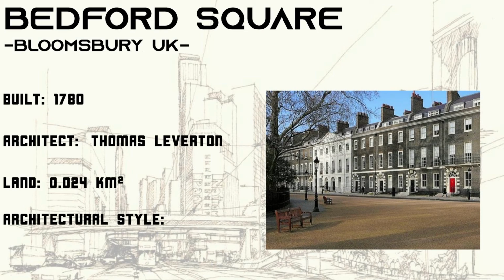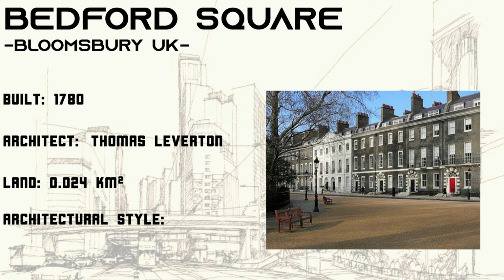Bedford Square, built between 1776 and 1780 by architect Thomas Leverton, and its land 0.024 square kilometers. Bedford Square is a bold, beautiful example of Georgian architecture and one of the first examples of a planned neighborhood. The square was conceived as an upper middle class residential area, and the building forms a perfect geometrical square.